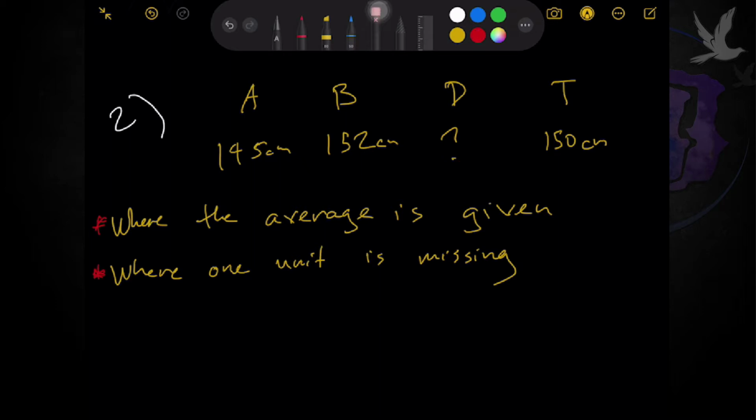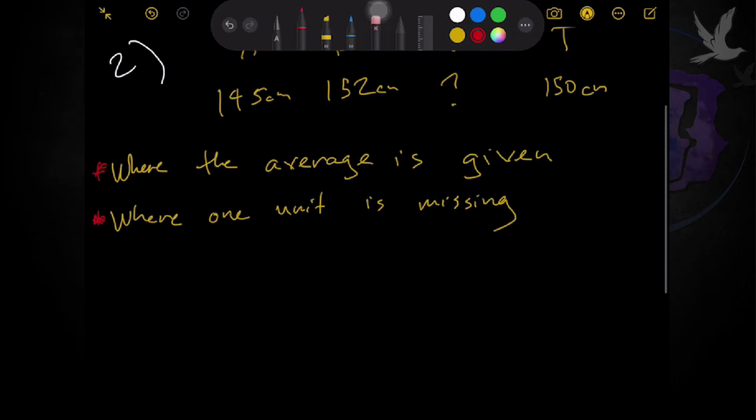Hindi ko na lang to ni-include last time sa discussion so that you'll not get confused. So, how do we solve if the average is already given and if one unit is missing out of the given data? So, first things first is to take your average. Always know what your average is. And in this case, it's given that it is 146.5 centimeters.